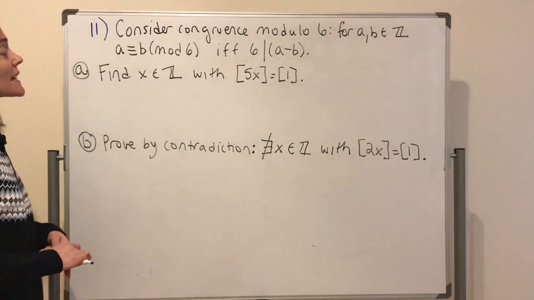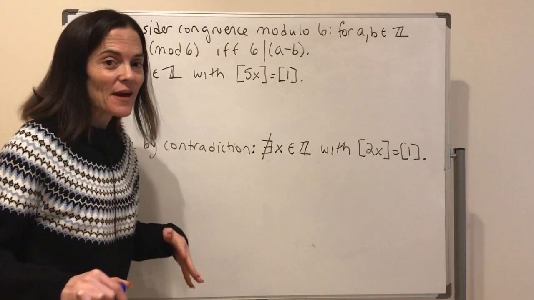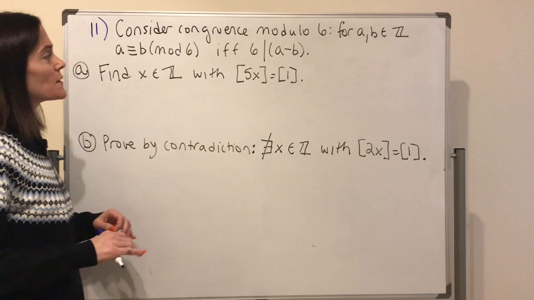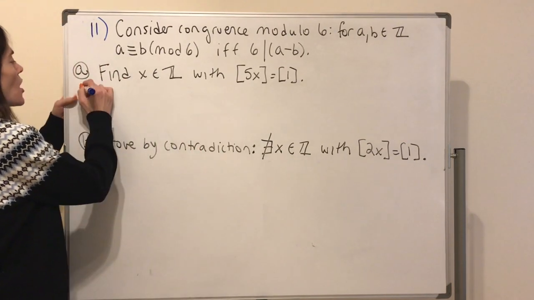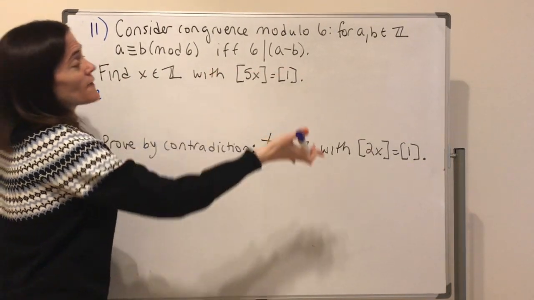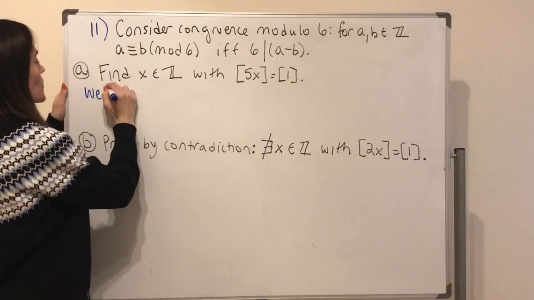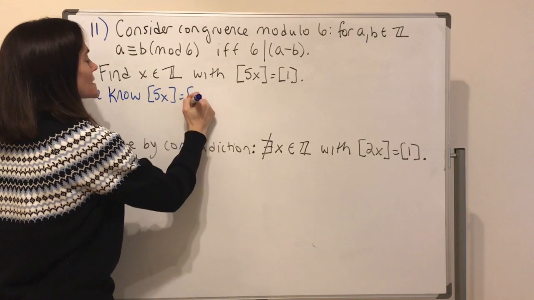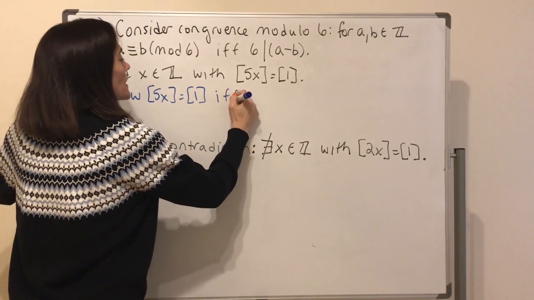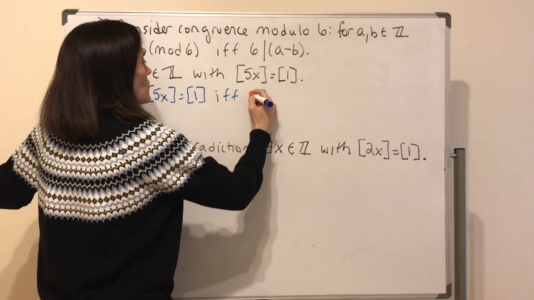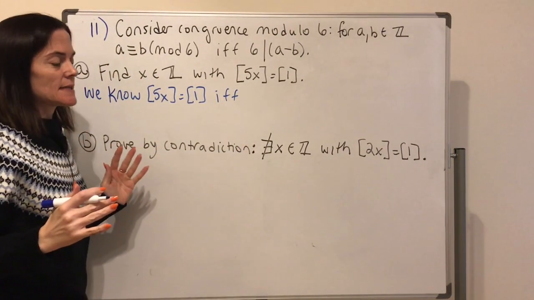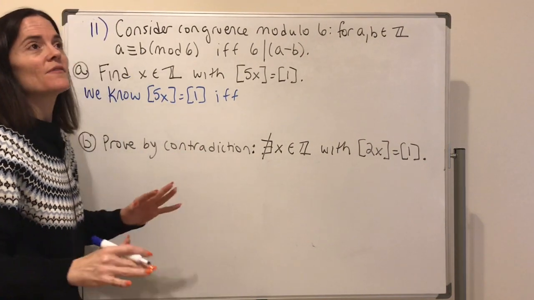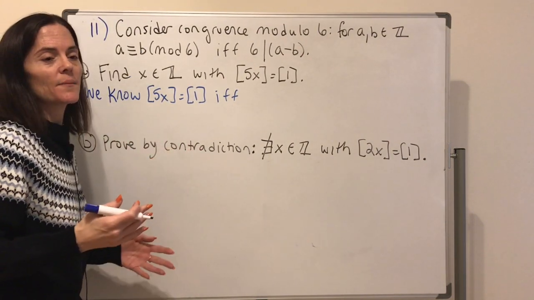Well, I like this exercise because it really makes us think about equivalence classes and the notion of the mod n relation. We just need to find the x, but I'm justifying. So we know the class of 5x equals the class of 1 if and only if, from equivalence classes, the classes are either equal or disjoint, and they're equal provided the representatives are related.